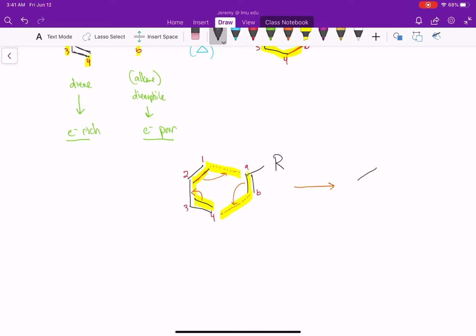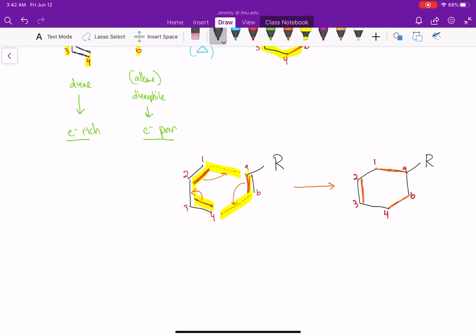So let's see what that looks like. Again, we always draw our cyclohexene: carbon 1, 2, 3, and 4, A and B. Carbon A was connected to a random R group. The double bond here has now formed that single bond between 1 and A. This double bond has formed my sigma bond between B and 4, and the double bond here has moved between 2 and 3.